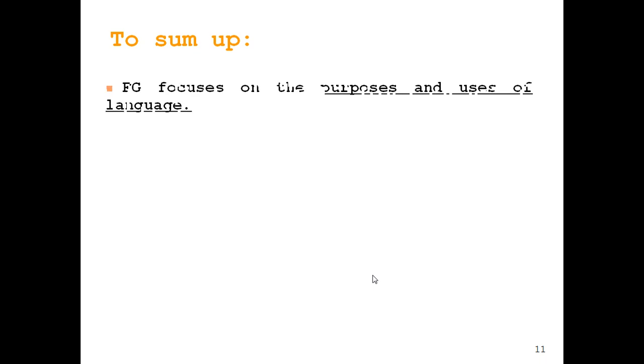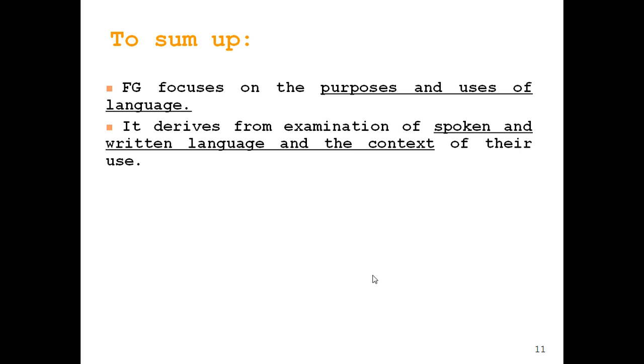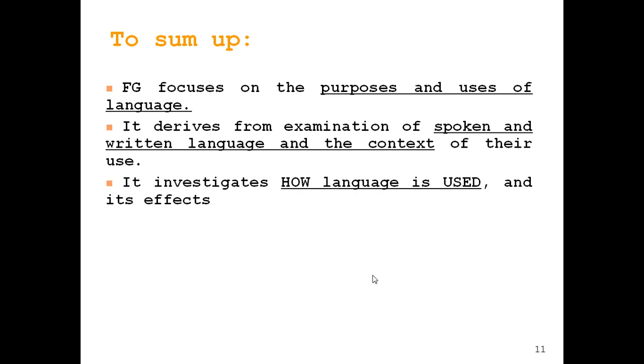To sum up, to conclude this first lecture, you should have learned that functional grammar does not focus on the structure of statements, although it does recognize the importance of structure, but it focuses on the purposes and uses of language. And it assigns a fundamental role to context, and its aim is not to give you rules on how to write and speak well.